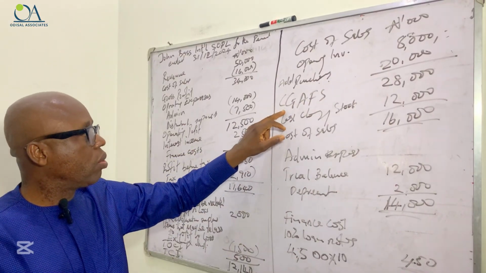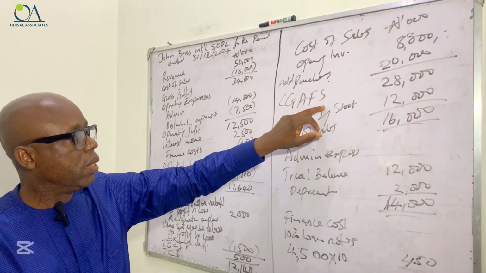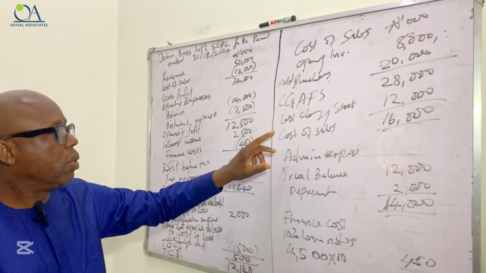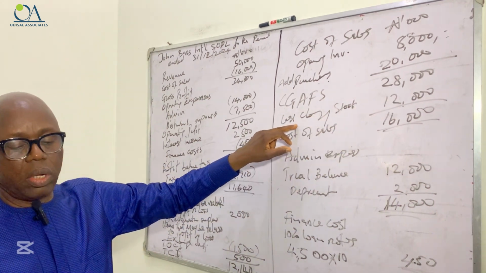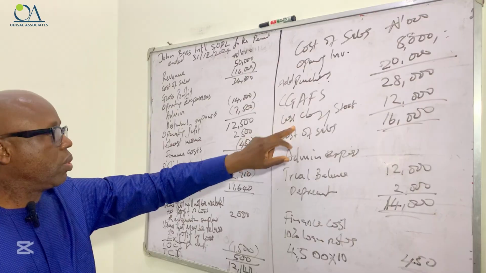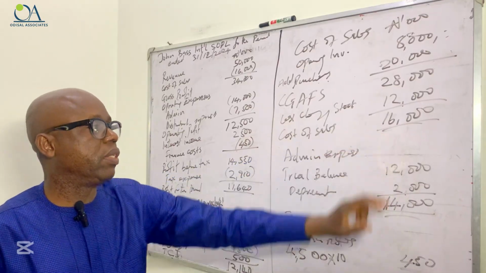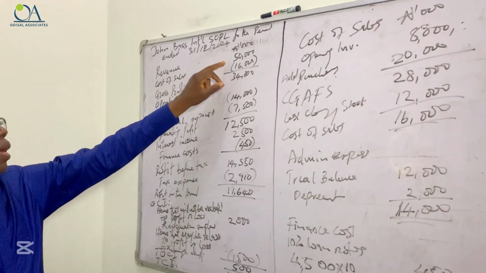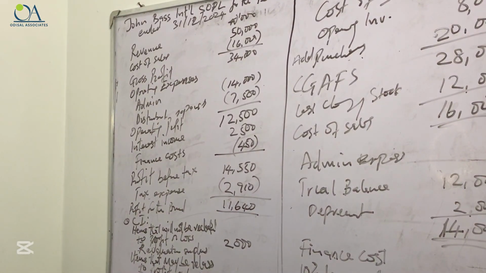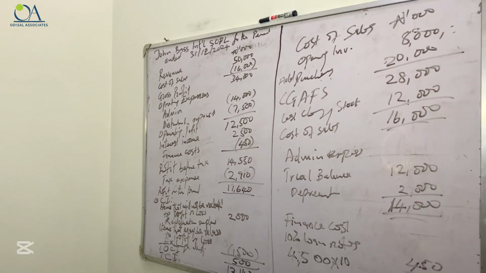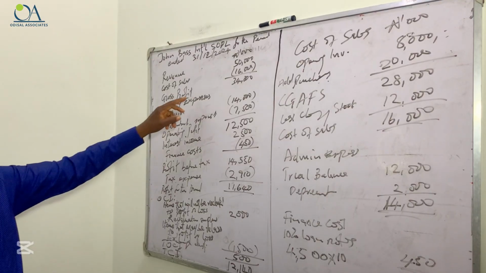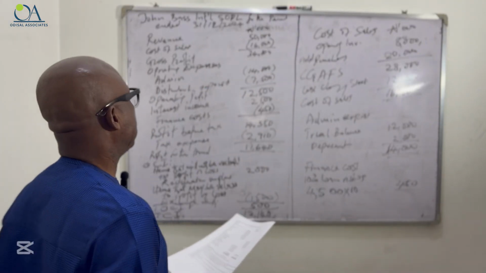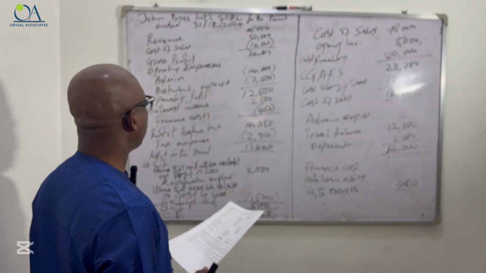This will give us cost of goods available for sale, 28 million. We less the closing stock, 12 million, given in the question, to have cost of sales, 16 million. So it is that cost of sales that we are removing from the revenue that we made to have a gross profit of 34 million.